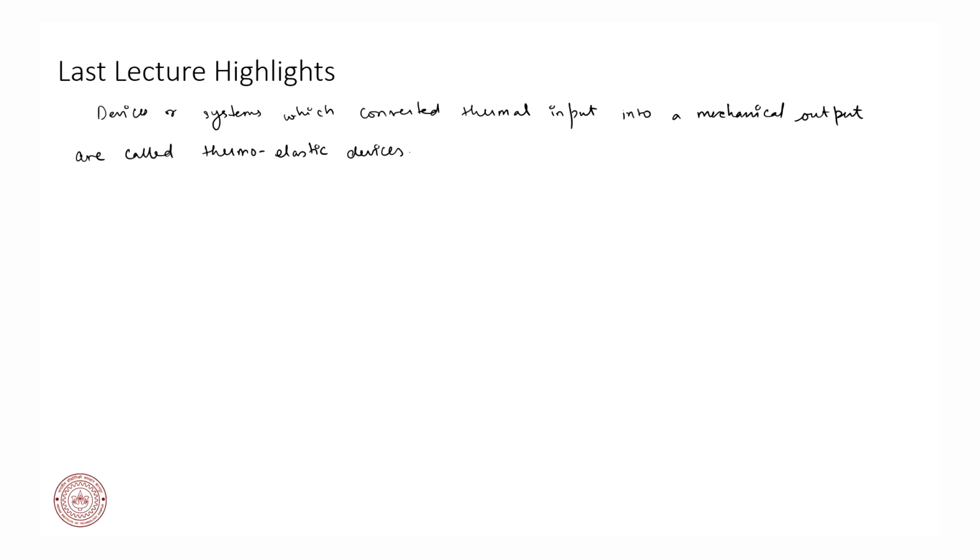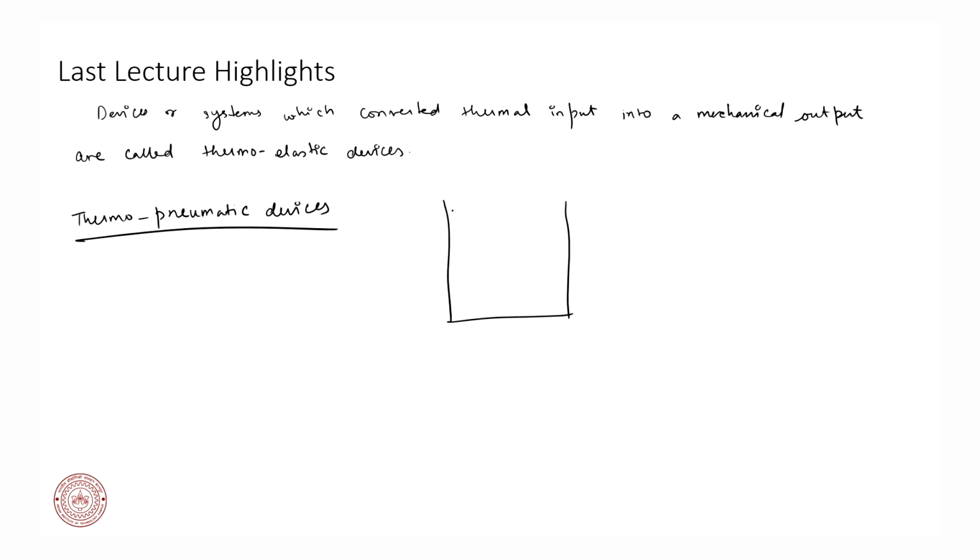In the last class, we started with the modeling of a thermopneumatic device. I'll just write down the equation so that we can continue from that point onwards. In a thermopneumatic device, we had a cylinder with a piston connected to a spring.